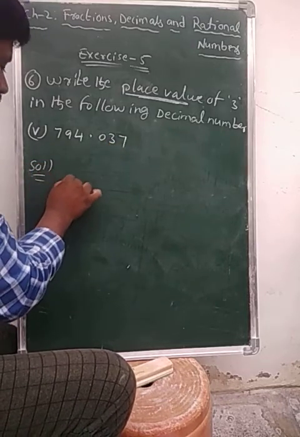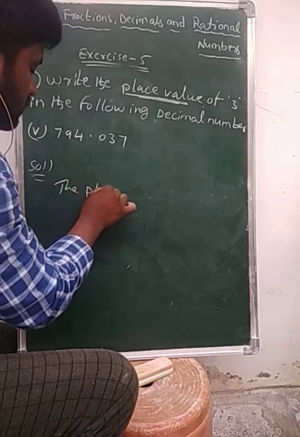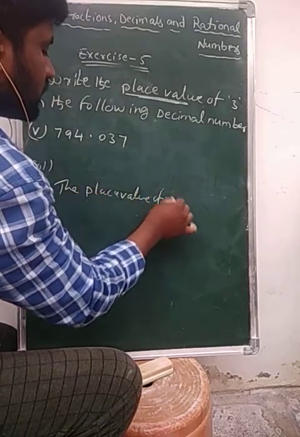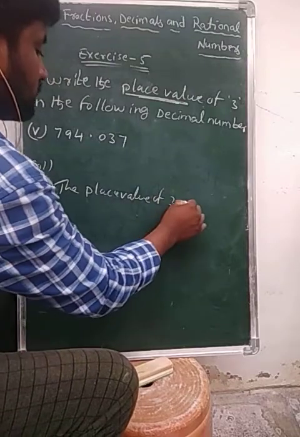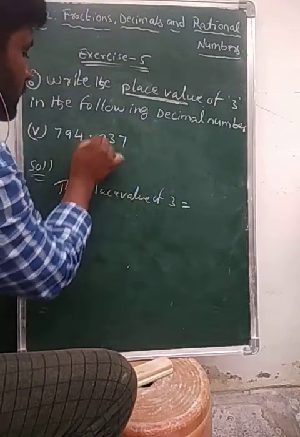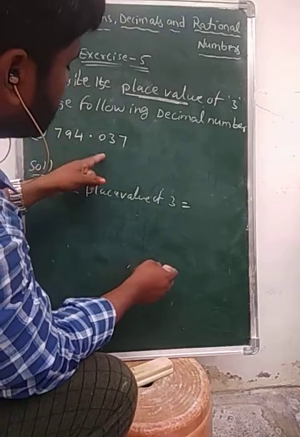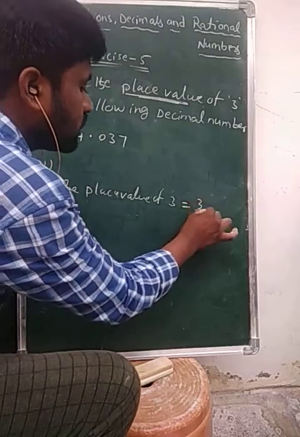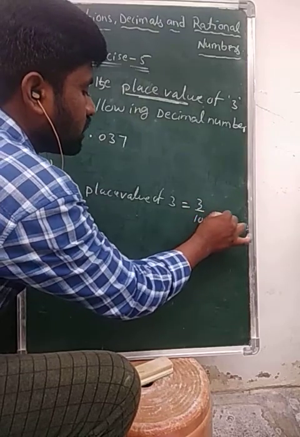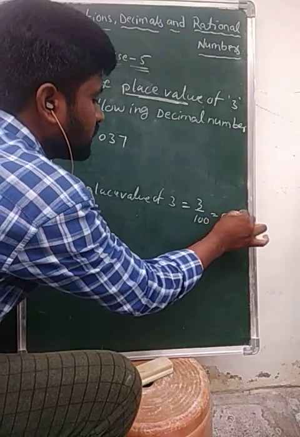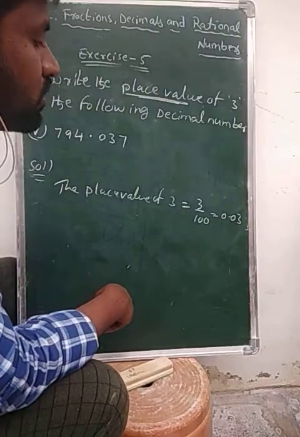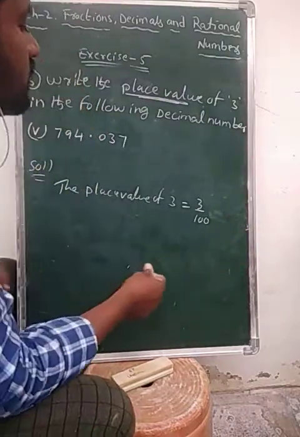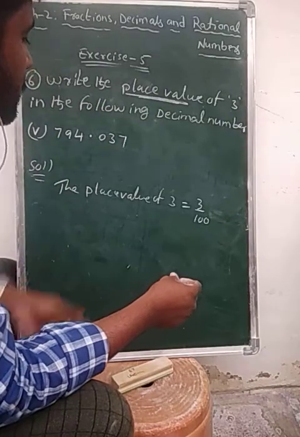You can write the place value of 3 is, where is it? To the right side of the point: tenths, hundredths. So that is 3/100, or we can write it as 0.03. Okay? So we can write 3/100. So this is the place value of the 3.